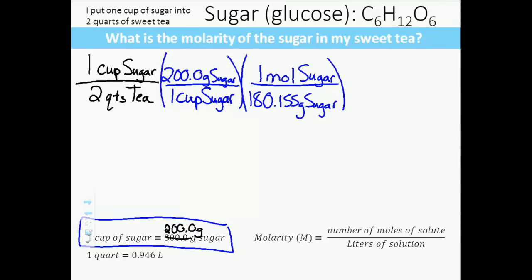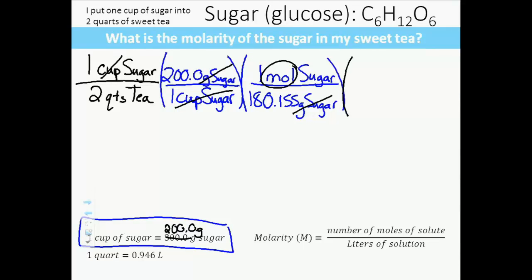So let's look at our units, how we're doing so far. We've got 1 cup on top, canceling with 1 cup on bottom. Gram on bottom, canceling with gram on top. We're left with moles on top, which is what we want. Now our bottom part, we're almost there. We've got 2 quarts on the bottom.